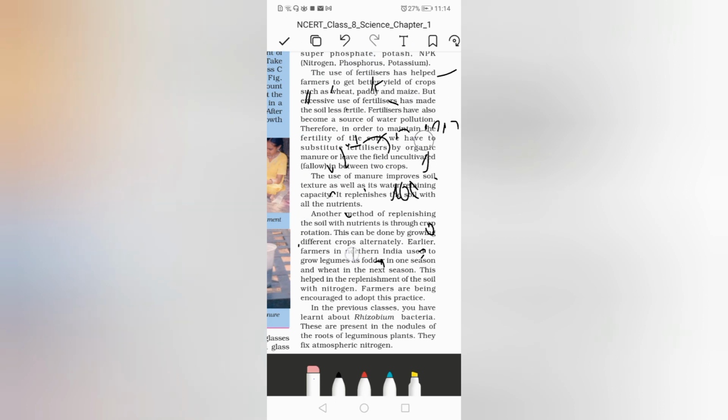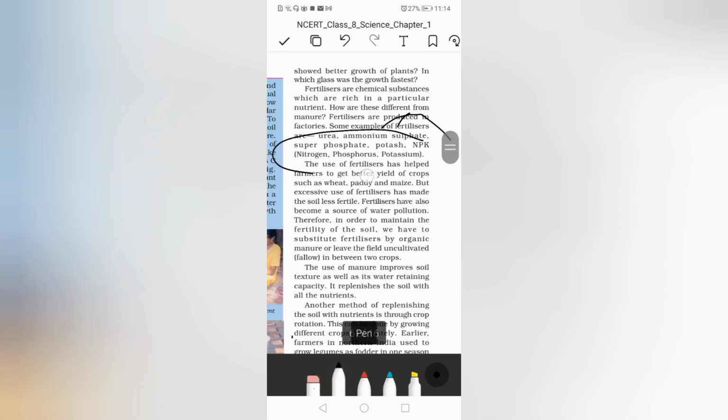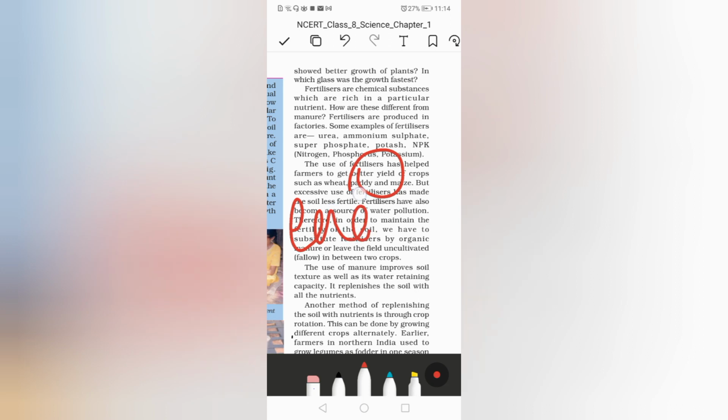Alright, let's move on now. Oh, it's written here as well. So nitrogen, phosphorus, potassium. Alright, the use of fertilizers has helped farmers to get better yield. Remember the meaning of yield. Yield means the end product, the finished product, the product you can sell.